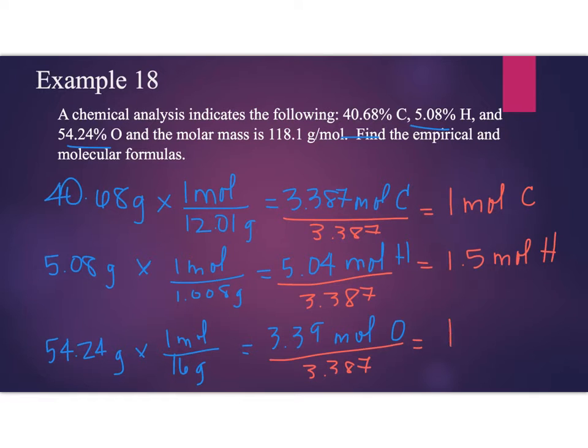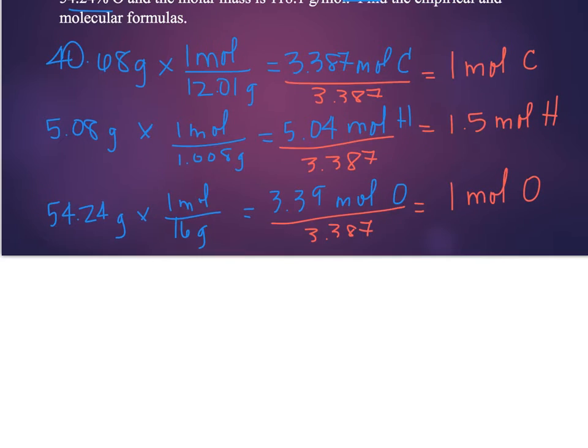And this gives me 1 mole of oxygen. Now, I don't have nice whole number ratios, but if I multiply this 1.5 by 2, I get 3. So I'm going to multiply all of these by 2. That gives me 2 carbons, 3 hydrogens, and 2 oxygens. So this is my empirical formula.